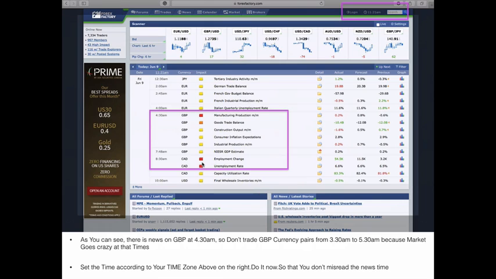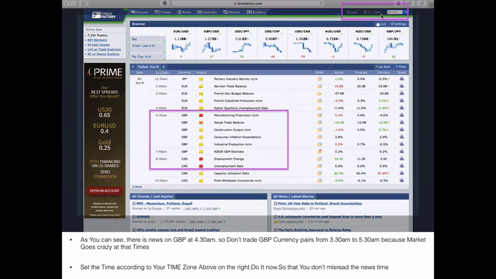As soon as you can see there is news at 4:30 a.m. on GBP, don't trade the GBP currency pairs from 3:30 a.m. to 5:30 a.m. because the market goes crazy at the time of high impact news. Also, set the time according to your country. Very important. You don't want to be looking at news and see that there is news at 4:30 a.m. but the time here is of some other country, and that's why you will be misreading the news.